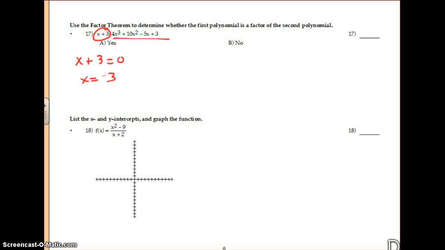The factor theorem says, if I put negative 3 in for x in the expression and I get 0, then it is a factor of the polynomial. So I'm going to do f of negative 3 and put a negative 3 where I see x in the function.